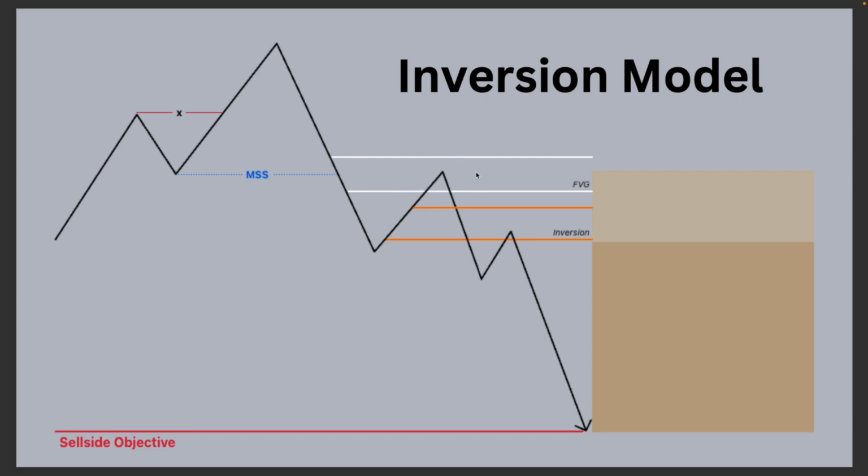We already tapped into this fair value gap, and the inversion, the BISI becoming an inversion, once that BISI fails, it is the final confirmation that the algorithm is not respecting discount PD arrays. Okay, so the inversion is a great tool to reduce your risk as well as understand as one final confirmation that the algorithm is seeking sell side objectives.